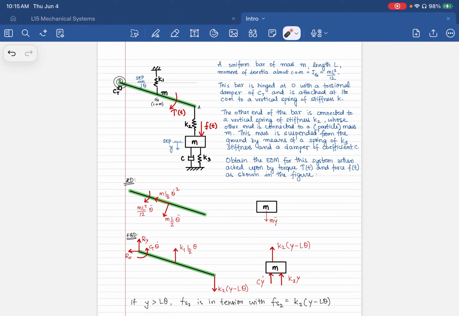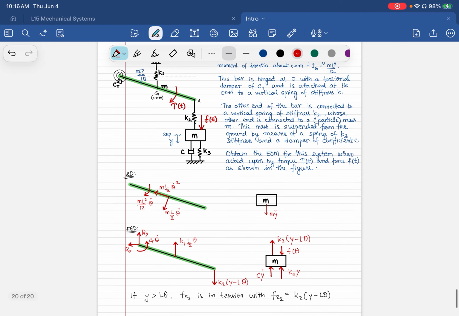So we have all of those accounted for. So we have this one, this one, this one, this, and this accounted for. Now we have to remember always to check for the external forces and moments. So here we have F of t, and I have tau of t.